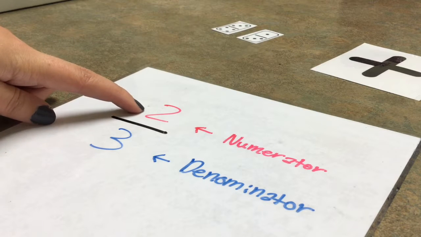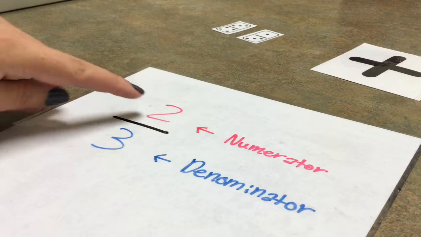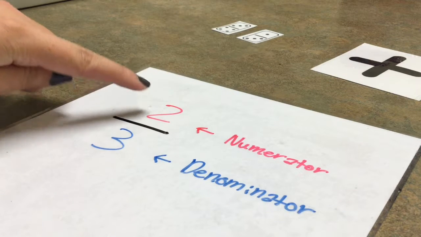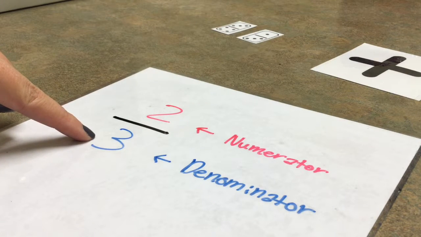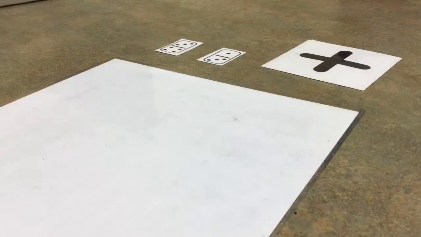And the numerator represents how many pieces we have. So in this case, we have 2 pieces of the 3 pieces that make up our whole. So 2/3.